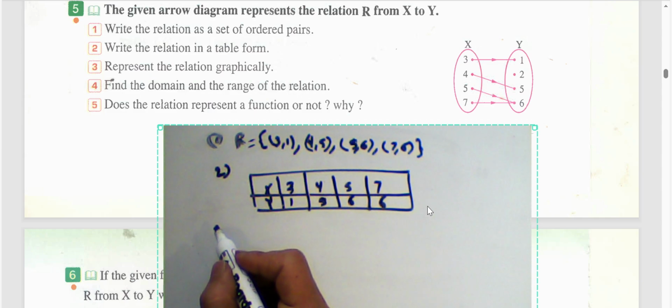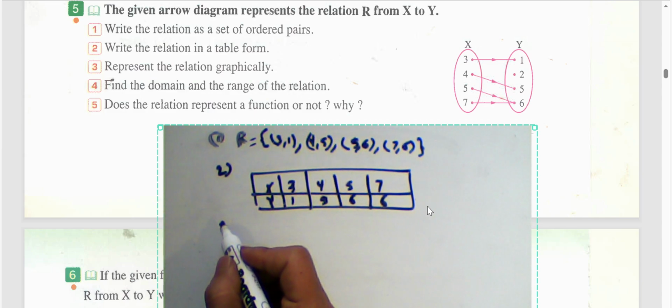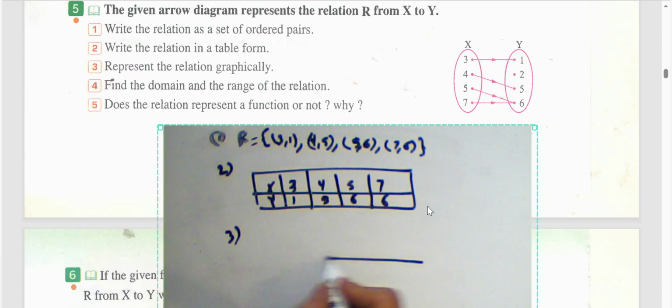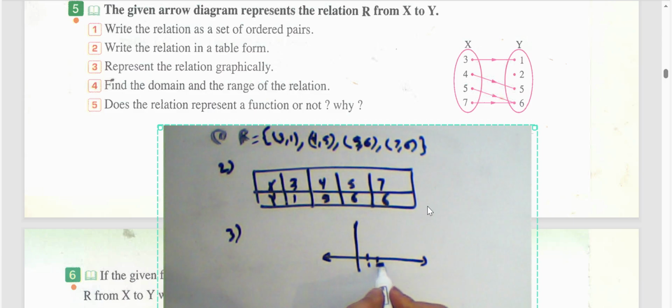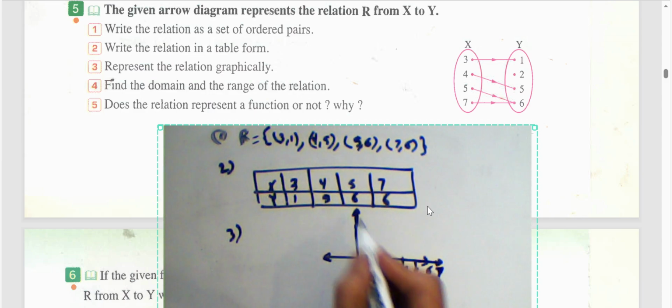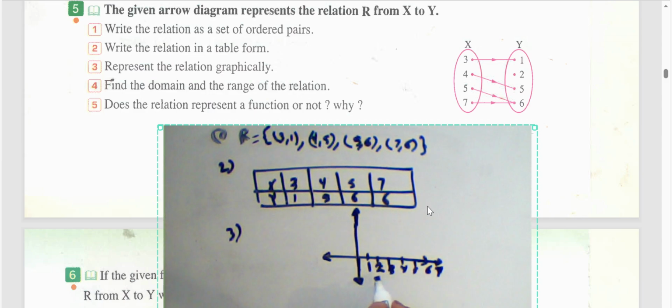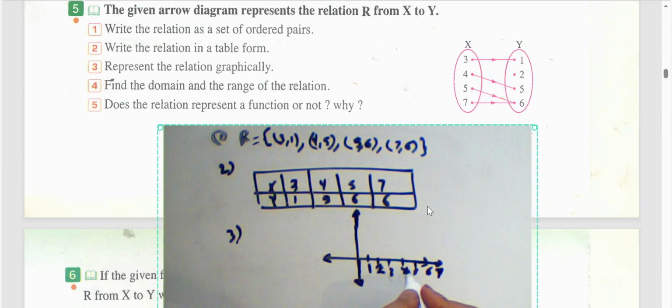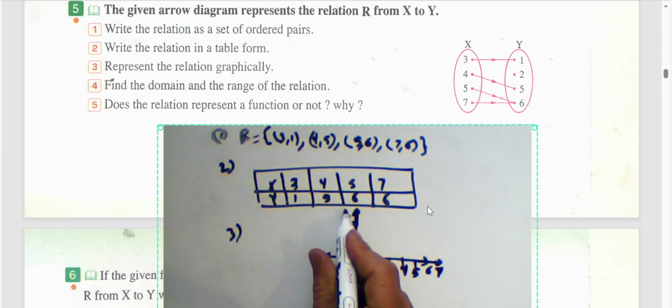Number 3, we want it graphically. You can draw the x-axis and y-axis like this: 1, 2, 3, 4, 5, 6, and 7.